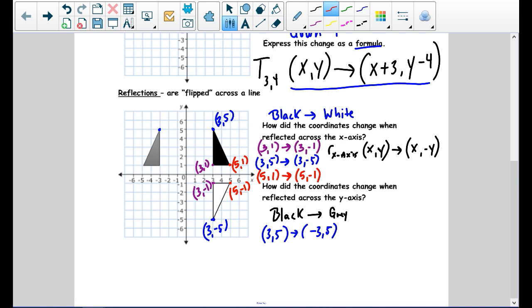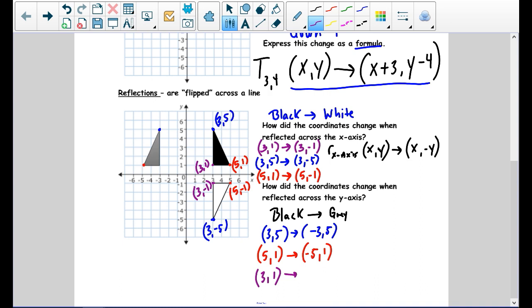So the red point 5, 1 is the original, reflected, and now it's negative 5, 1. And the purple point is 3, 1.